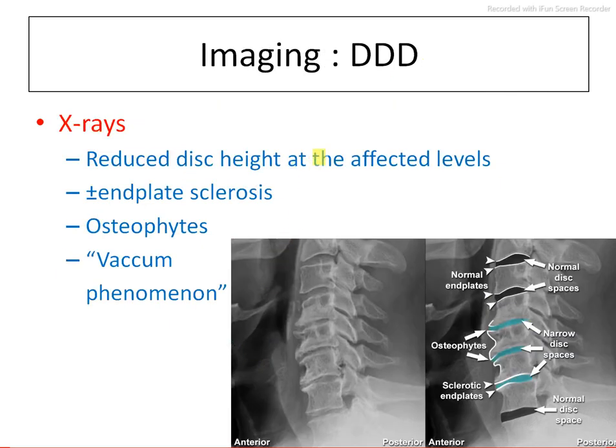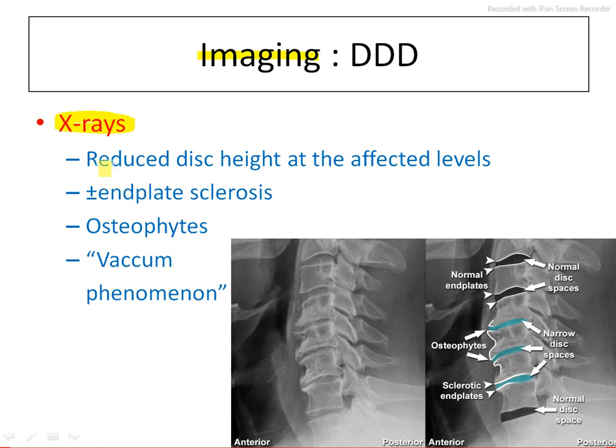Now, while talking about the diagnosis, we need to look at the imaging. Initially, step one imaging is done by X-rays. So we take plain X-rays. In some cases we may not find any changes, but in most cases we find different changes taking place.